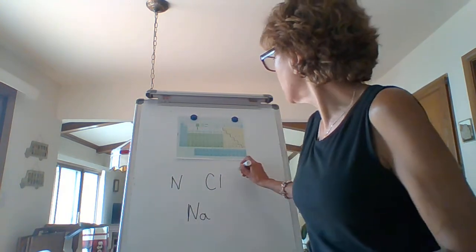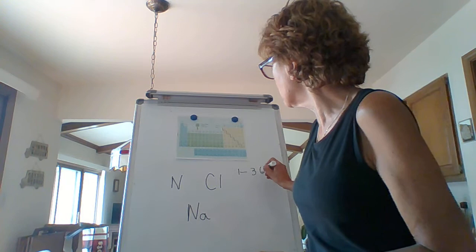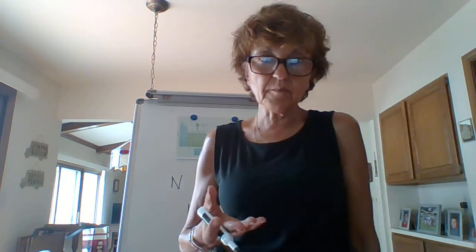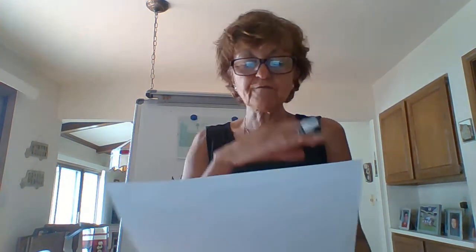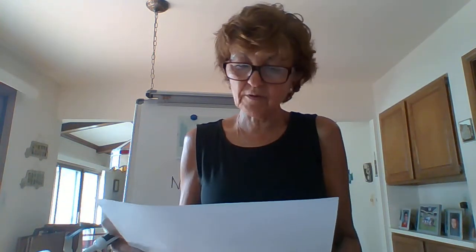Those are elements 1 through 36. So you need to know the symbol and you need to know the name, okay? So those are the first 4 rows of the periodic table.